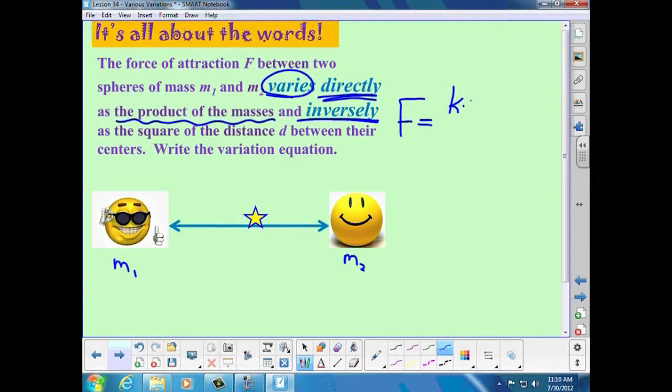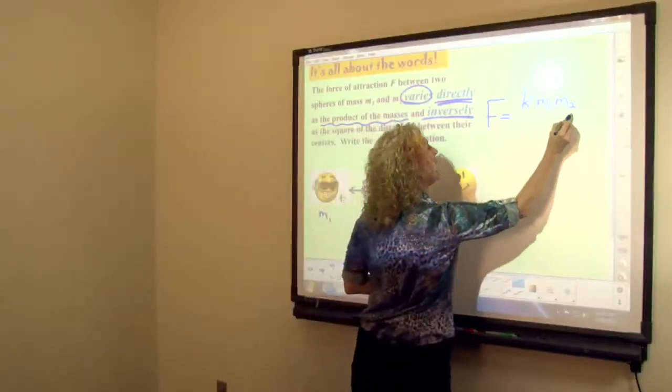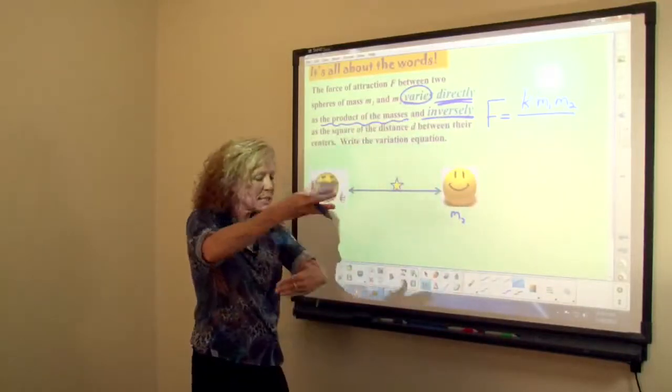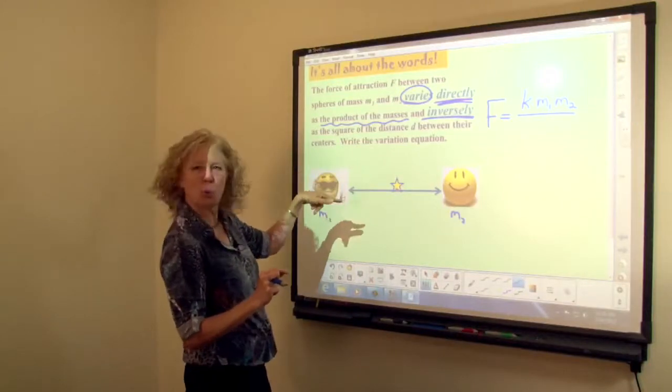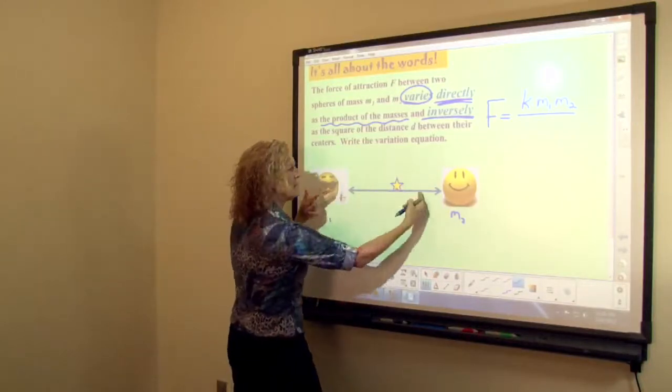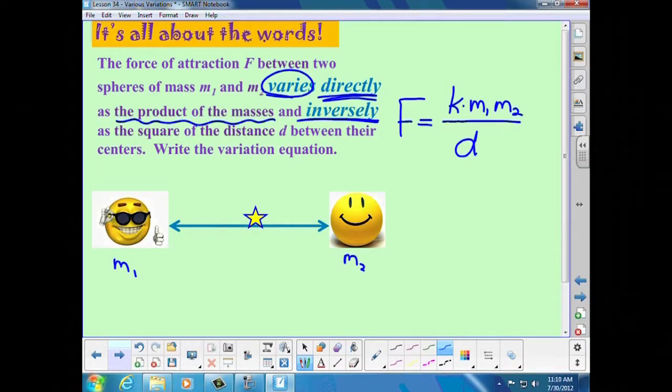So that would be K times the mass of the first times the mass of the second. But then it goes on and says, hey, wait a minute, we also have inversely as the distance between their centers. Inversely is telling you down in the denominator. So this distance, and it does say the square of the distance.